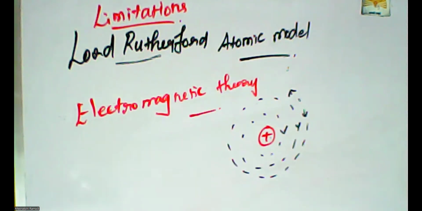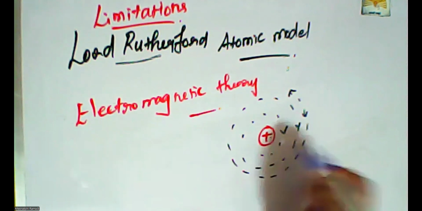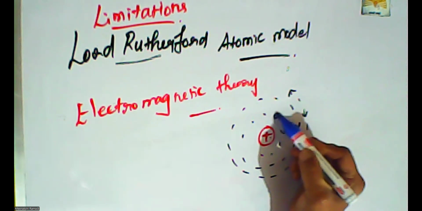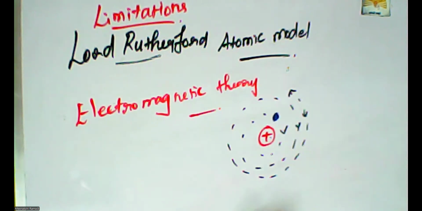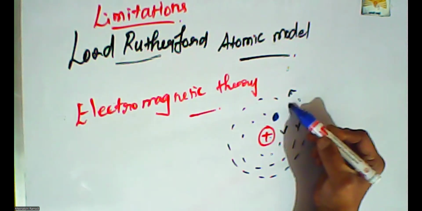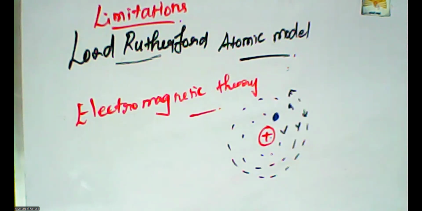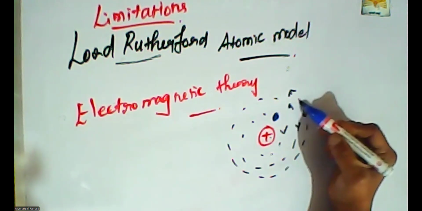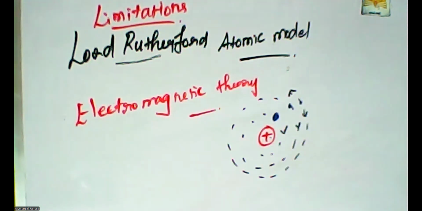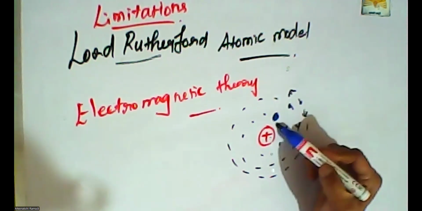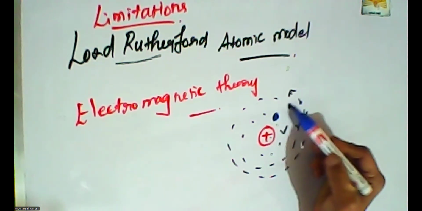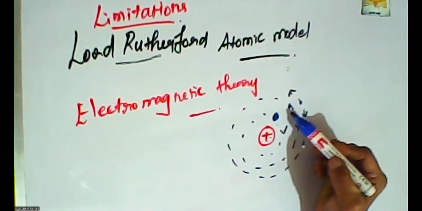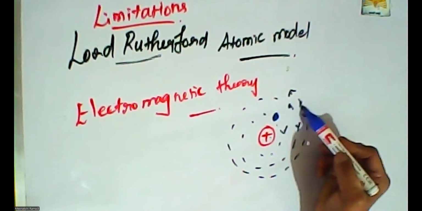So just imagine the blue part. In the first round, the size of the electron's orbit is like this. And then in the second round, the size will be decreased. And in the third round, it is a very small structure.